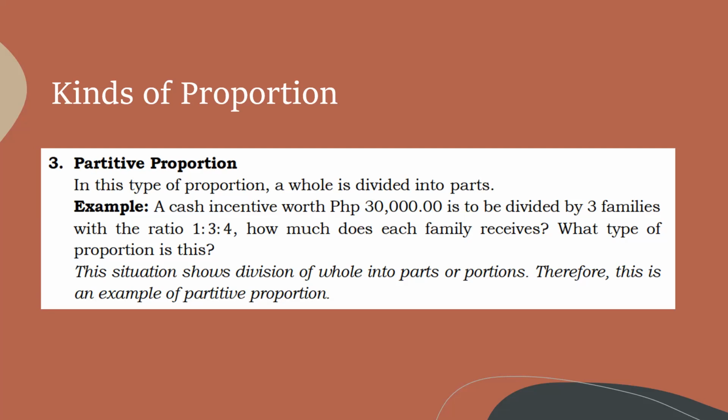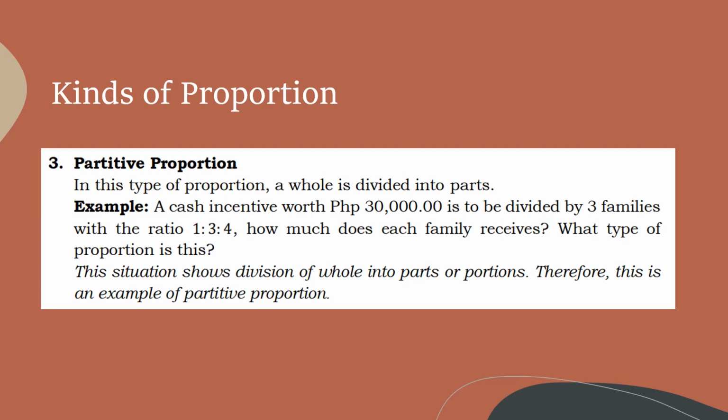Actually, kung pantay-pantay ang 3 pamilya, i-divide mo siya sa 3. Pero ang sabi, dahil ang hatian natin is in proportion of 1:3:4, ibig sabihin 8 parte yon. Isa, yung 3 at yung 4. So 1 plus 3 plus 4, 8. So i-divide pa yung 30,000 into 8 parts.